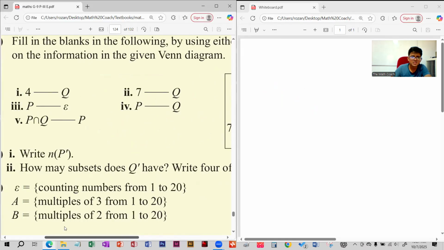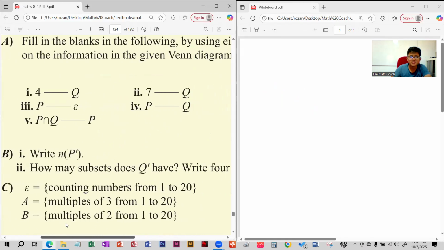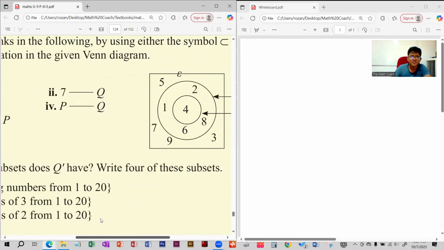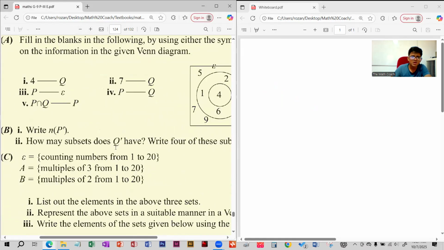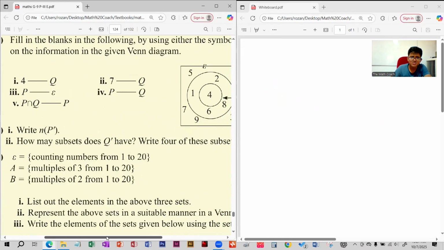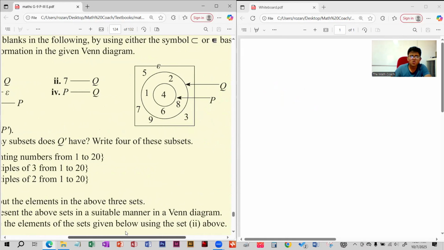The next one asks how many subsets does Q complement have? Write four of these subsets. What does the question mean? How many subsets does Q complement have? What is Q complement? Stuff that are not Q, right?